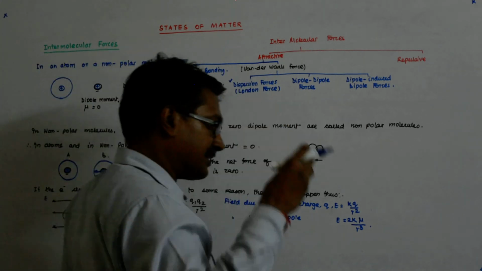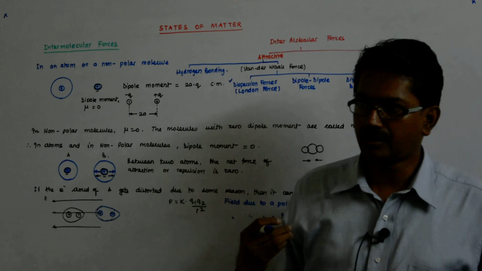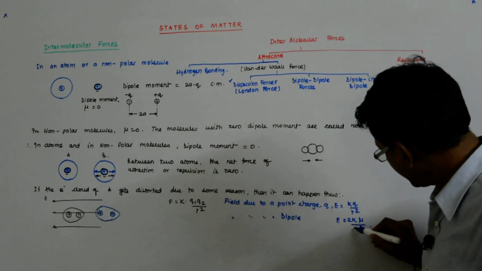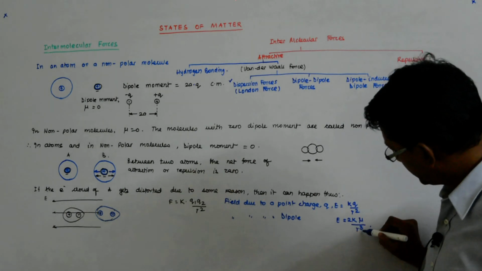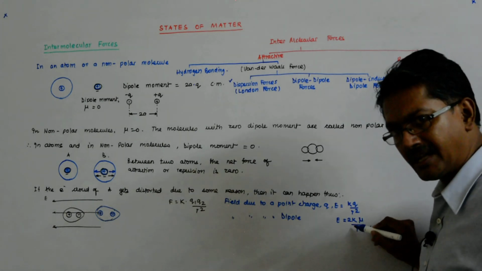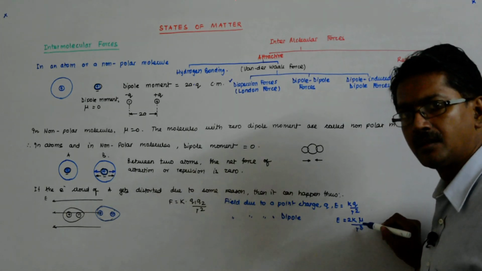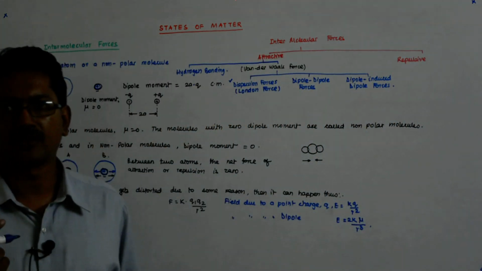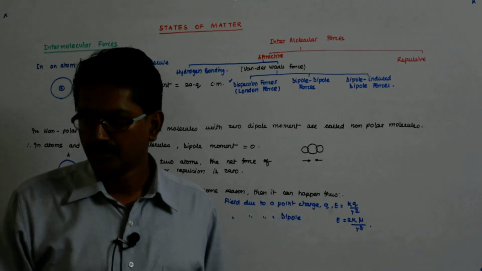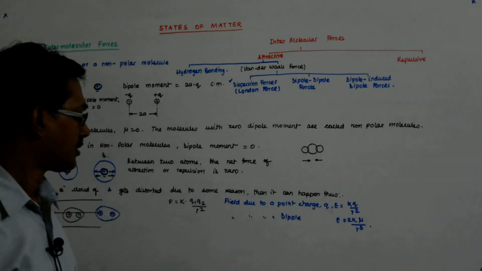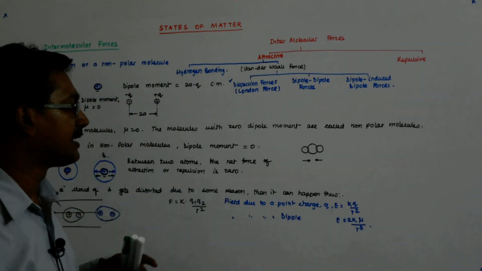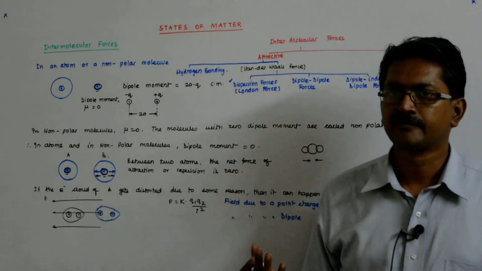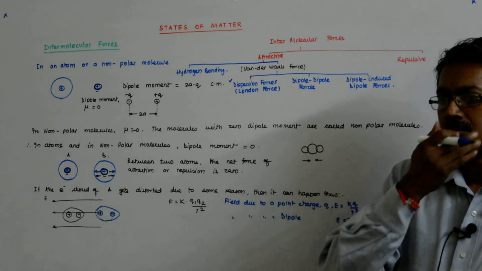There it becomes minus KQ, half of this, and half of this, so it becomes 2K. What I'm trying to say is that in a dipole, this power goes up by a factor of 1. So instead of R square, it becomes R cube. If it was a quadrupole, then it becomes R to the power 4. It can be shown. It is quite derivable. Okay. Understand?